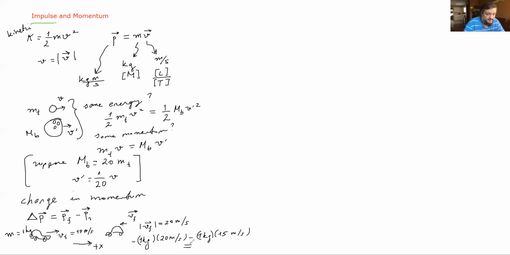All right, therefore the difference is negative 20 minus 15, negative 35 kilogram meters per second. All right, that's how you take the direction into account.